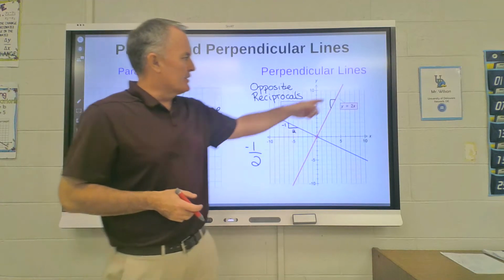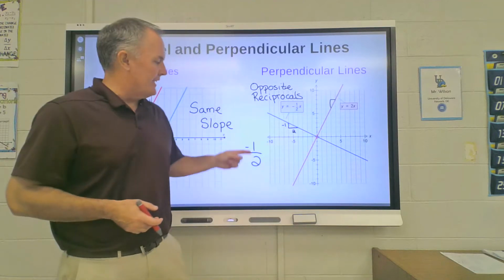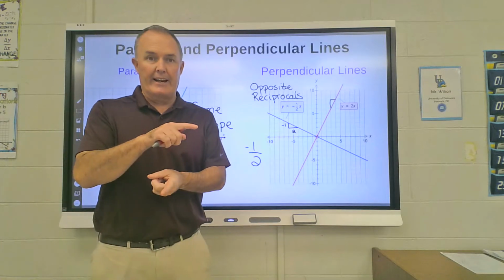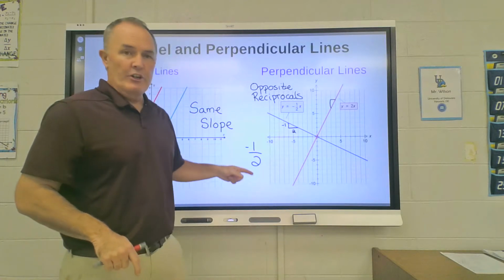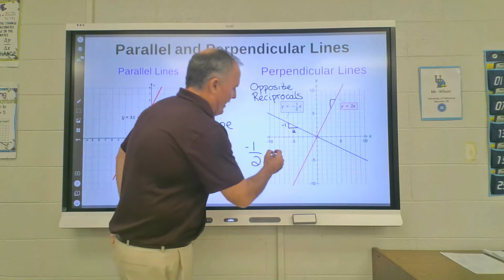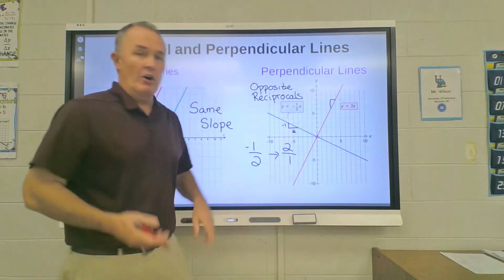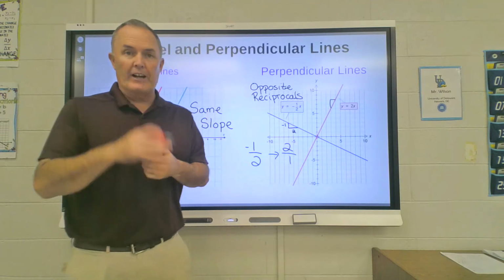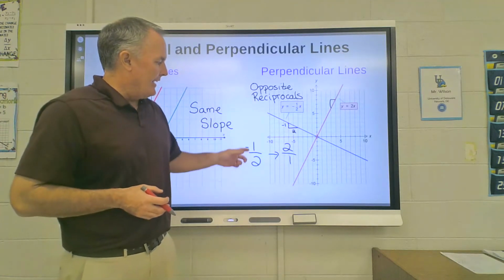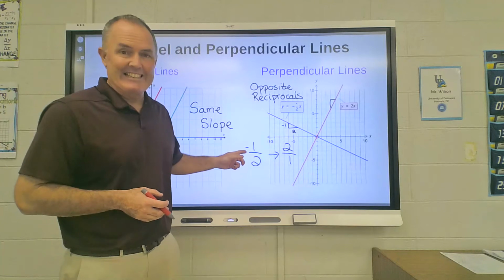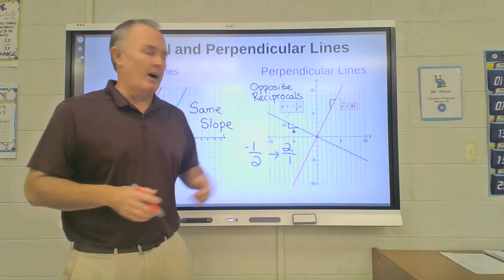If the line is perpendicular to it, we take this and flip it upside down. So 1 over 2, flipped upside down, becomes 2 over 1. That's called the reciprocal when we flip a fraction upside down. And since that's negative, we make it a positive.